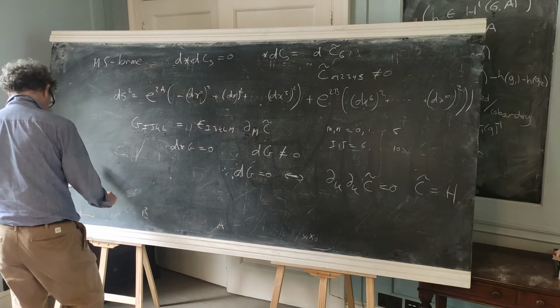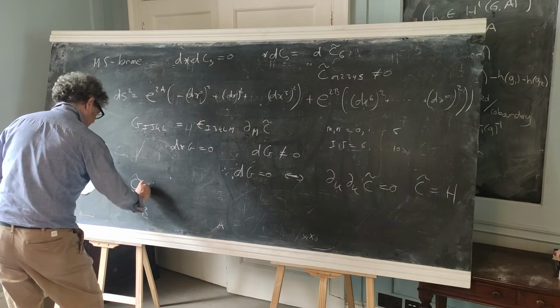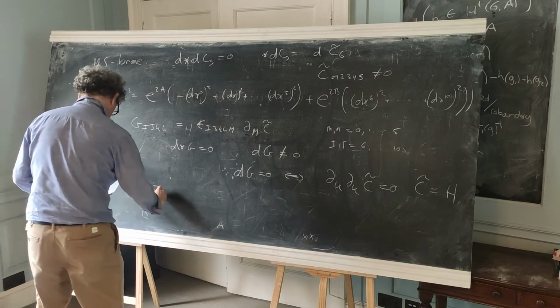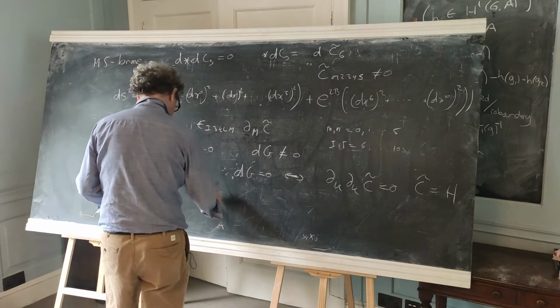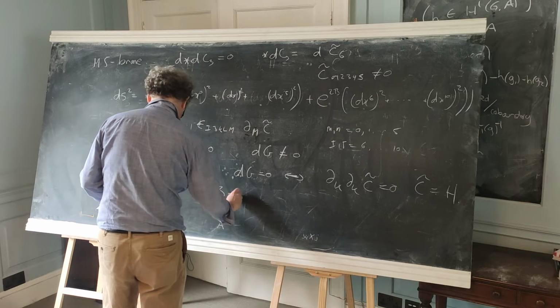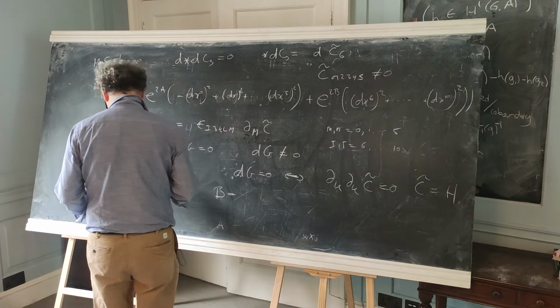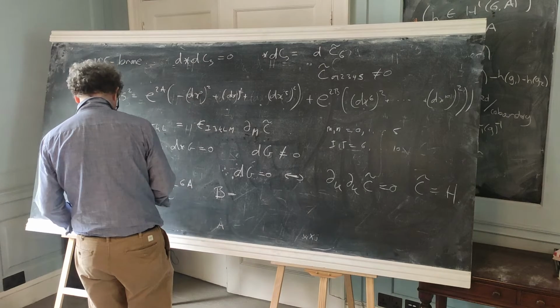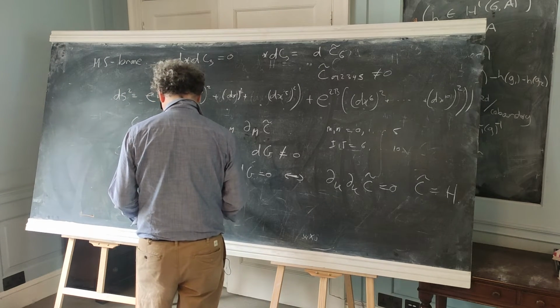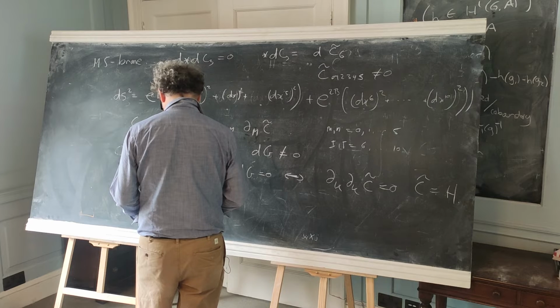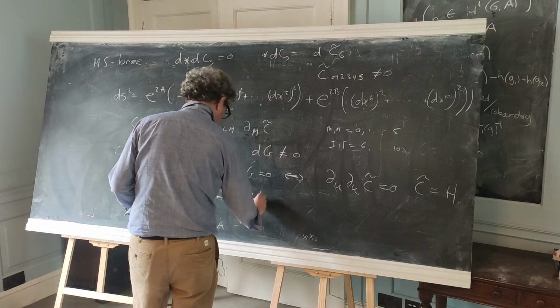But what I think you should find is that C tilde is minus or plus e to the minus 6a, and b is minus 2a.